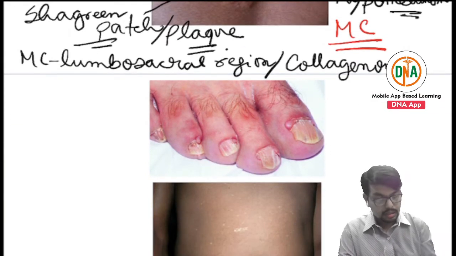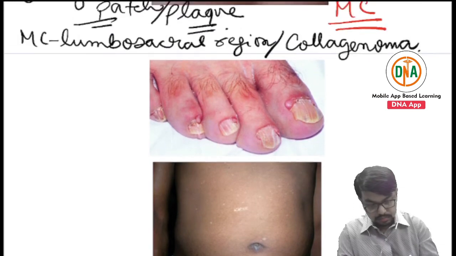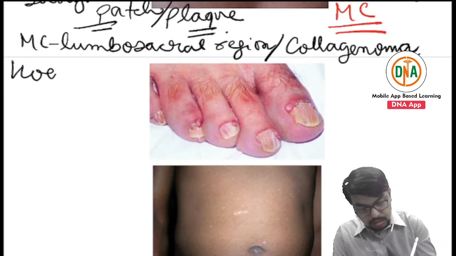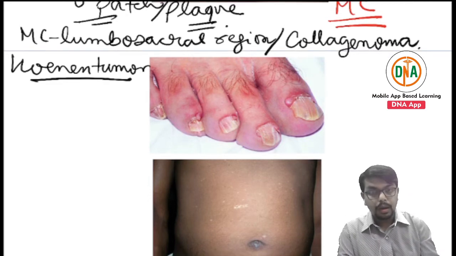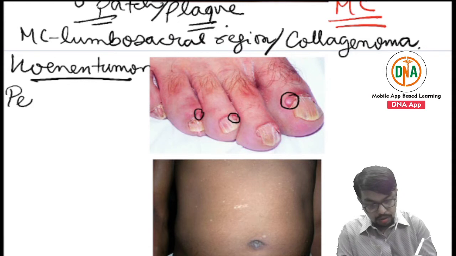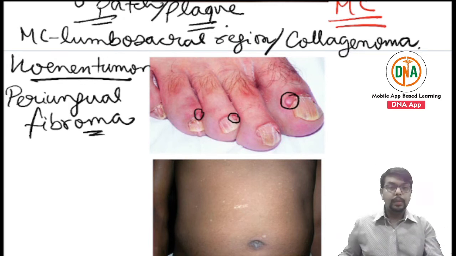Okay, next cutaneous feature is Koenen tumor. What is that? This is periungual fibroma. You can see here presence of periungual fibroma, or Koenen tumor.